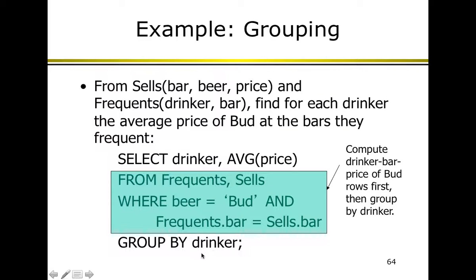And then down on the bottom we said group by drinker. It's a little bit more complicated than the previous one, but it's the same example. We group by drinker, and drinker is how we're going to see the results. So this one's going to compute the price of Bud at each drinker's bars, first, and then group it by drinker.